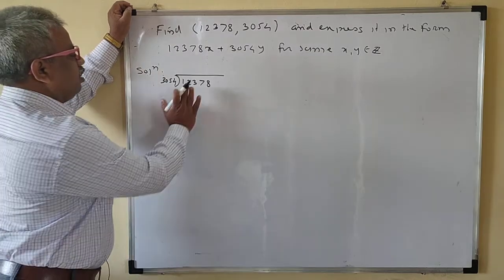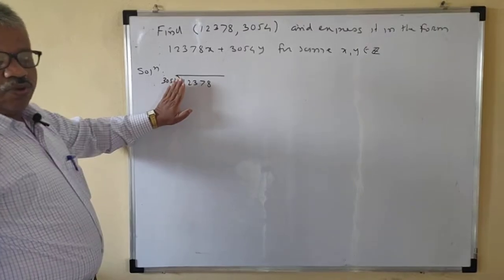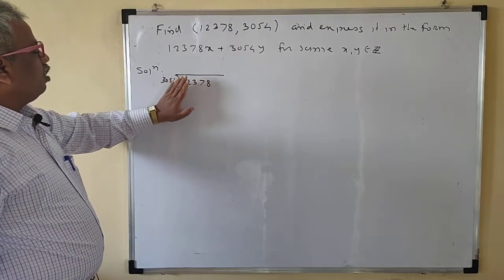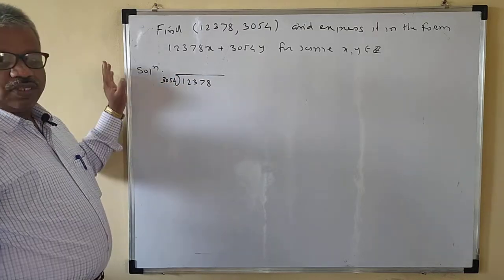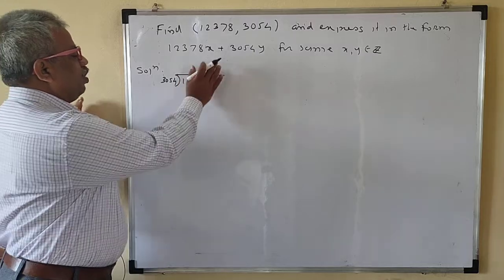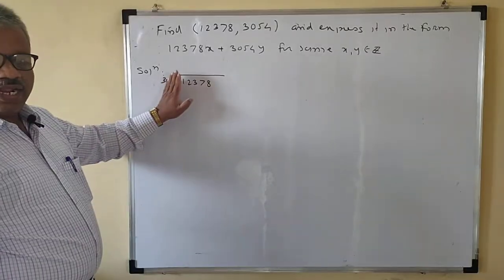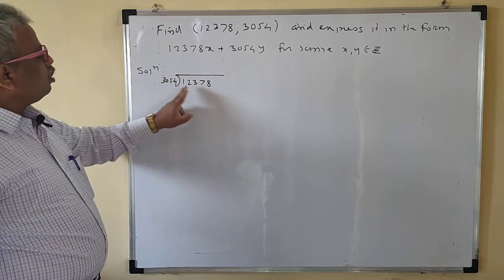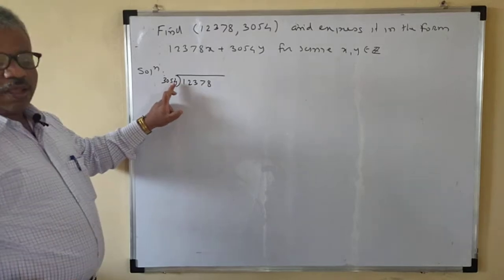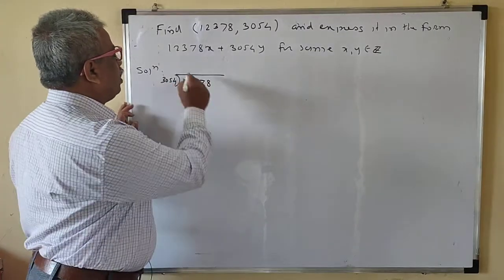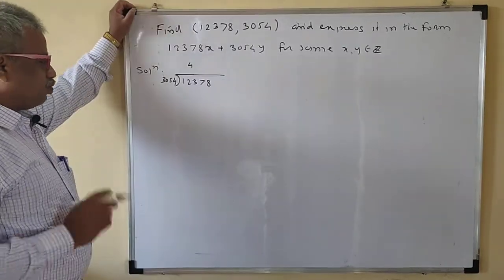So first, we don't know the table of 3054. So what we do is hide the last three digits of each number, so here 12 and 3. First we'll multiply by 4, because 3 fours are 12.